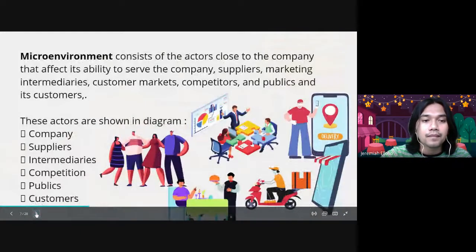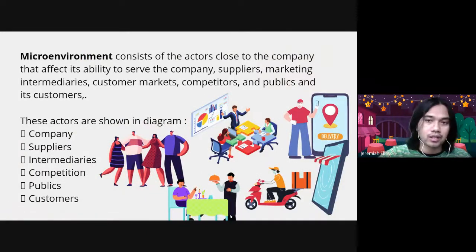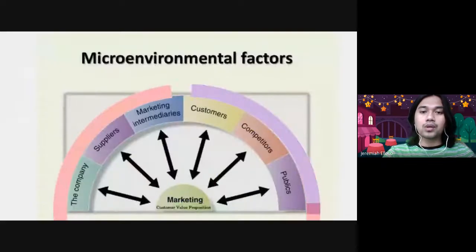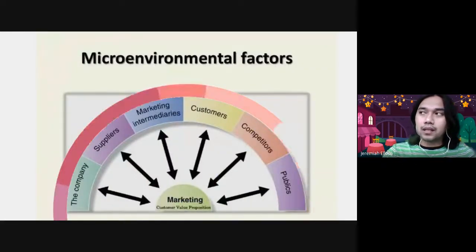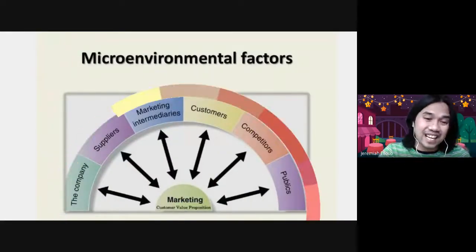So, micro environment consists of the actors close to the company that affect its ability to serve the customer: suppliers, marketing intermediaries, customer markets, competitors, publics, and its customers. And these elements can be illustrated using this diagram.